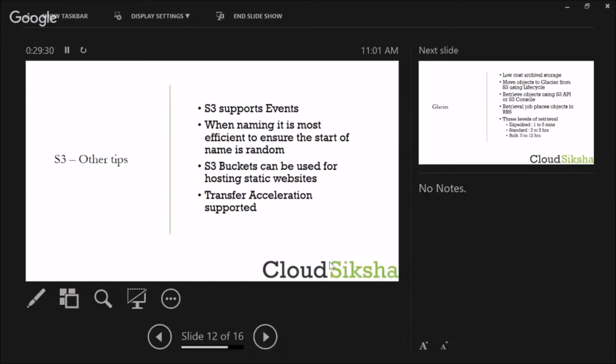Because if the naming is the same, for example you say the finance files all start with the name finance, then because of the first few letters, they may all be stored in the same place. So when you want to fetch, it will have to look at them one after the other. But if the name is random, they get stored at multiple places based on the text that comes up.